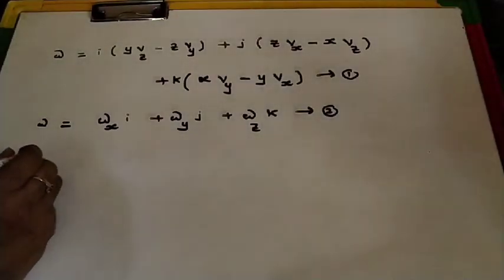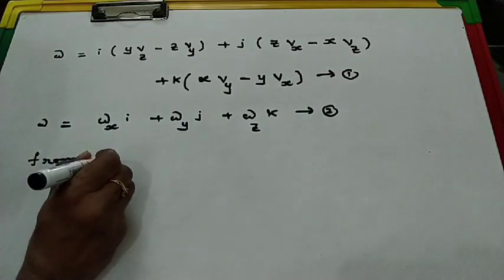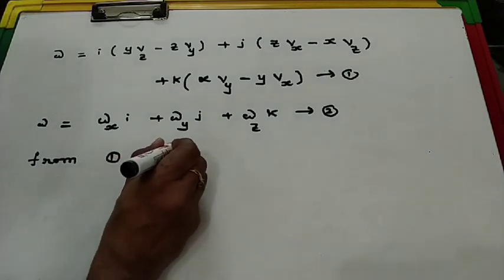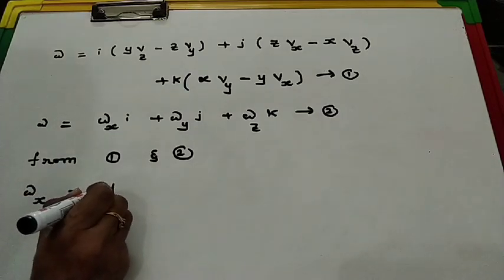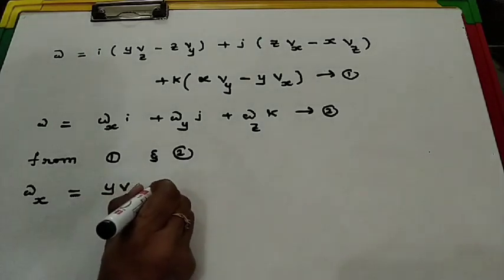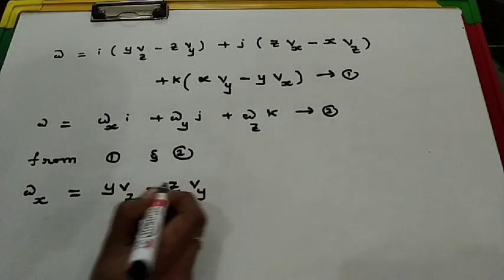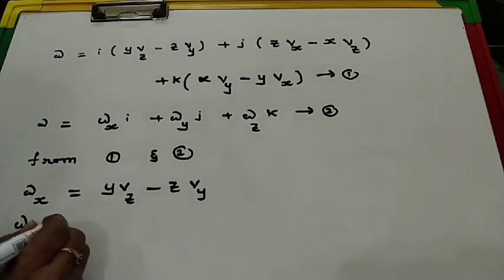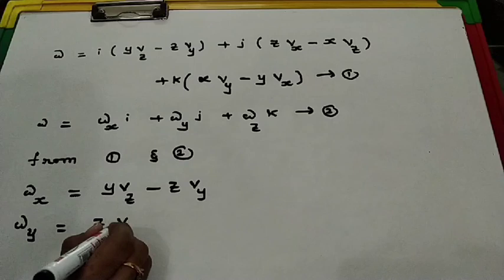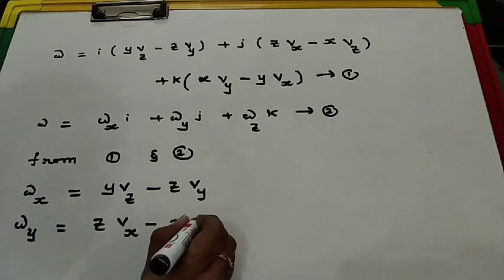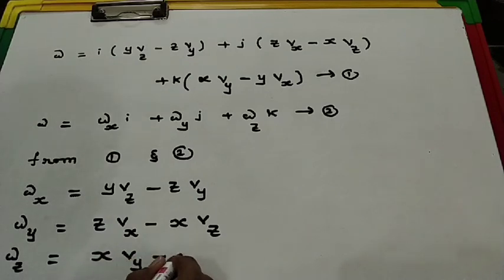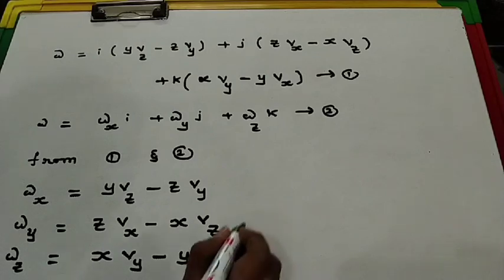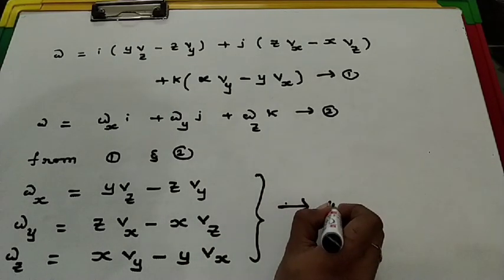From 1 and 2, omega x is equal to y vz minus z vy, omega y is equal to z vx minus x vz, omega z is equal to x vy minus y vx. Consider equation number 4.